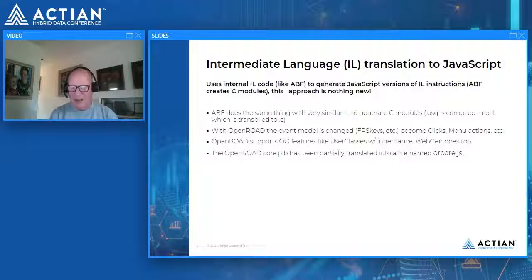The compilation uses the frame definition for the fields and the 4GL, compiles it and converts it into IL, which is, like I said, the OpenROAD interpreter's version of assembly language. Then the transpiler takes that IL and converts it into JavaScript. So it's a two-part process: compile to IL and then translate the IL to JavaScript and HTML.